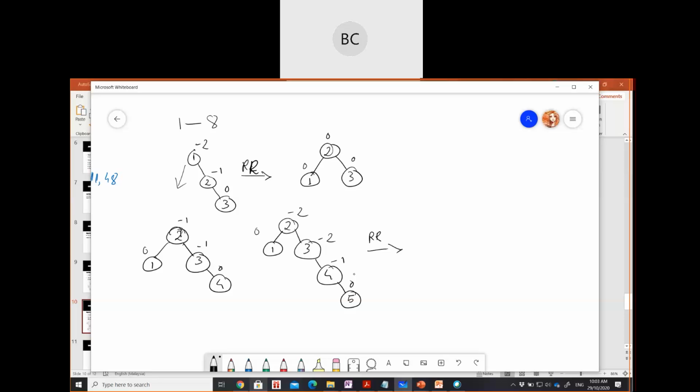That means a single left rotation. I'm going to simply pull this down. So 2, 1, 2 will be here, and 5 will be here. Now the balance factors are all fine, no problem.